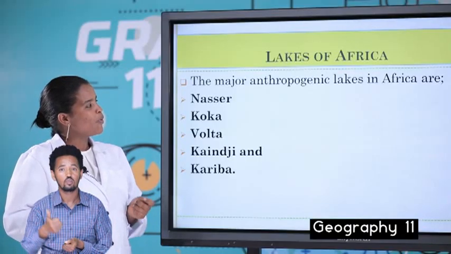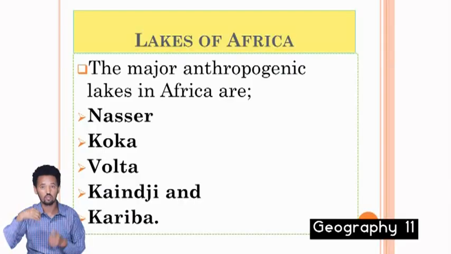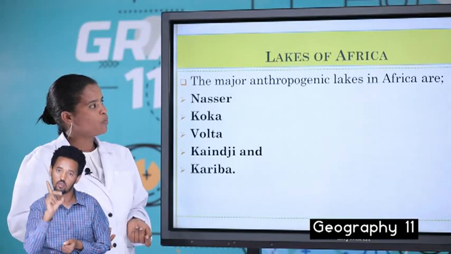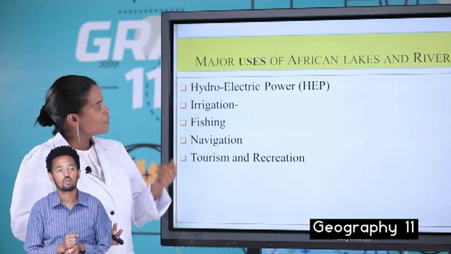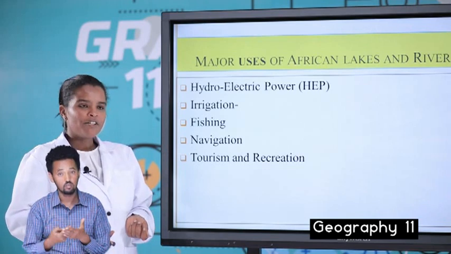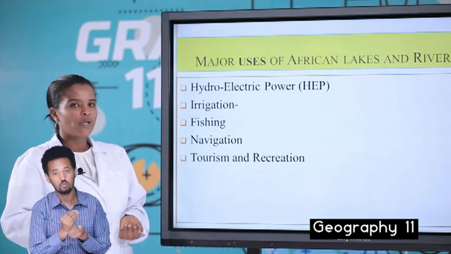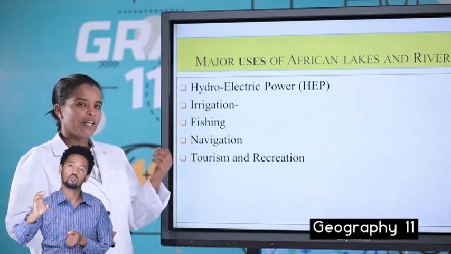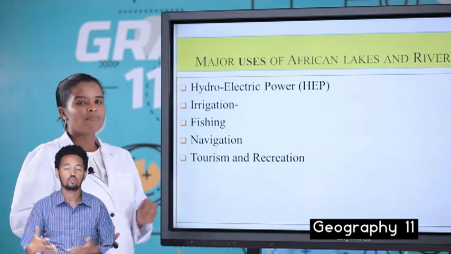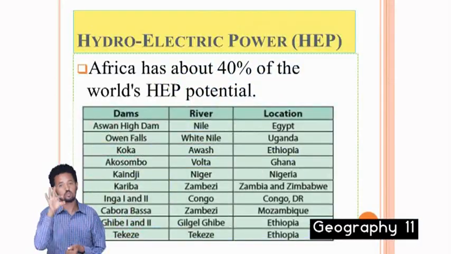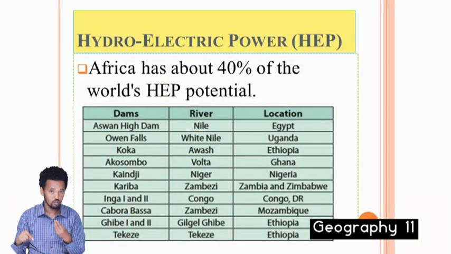The main anthropogenic lakes in Africa are Nasser, Koga, Volta, Kainji, and Kariba. Major uses of African lakes and rivers are for hydroelectric power, irrigation, fishing, navigation, tourism, and recreation.